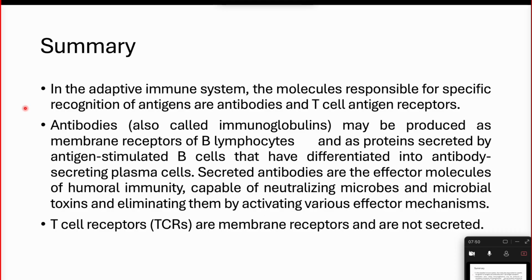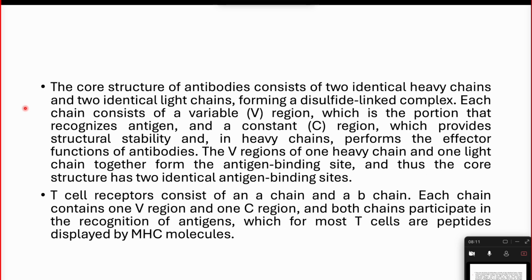Secreted antibodies are the effector molecules of humoral immunity, capable of neutralizing microbes and microbial toxins and eliminating them by activating various effector mechanisms. T cell receptors are membrane receptors and they are not secretory in nature. They don't have any secretory nature associated with them.